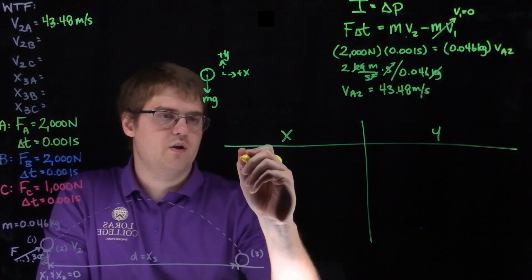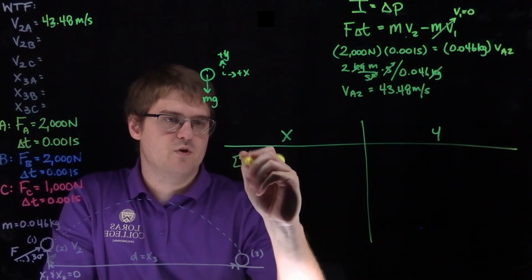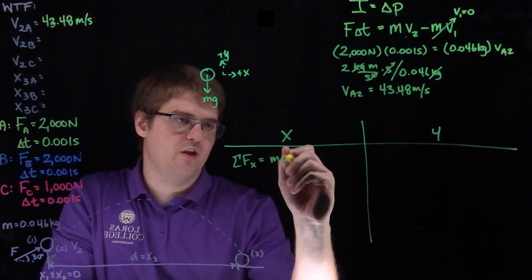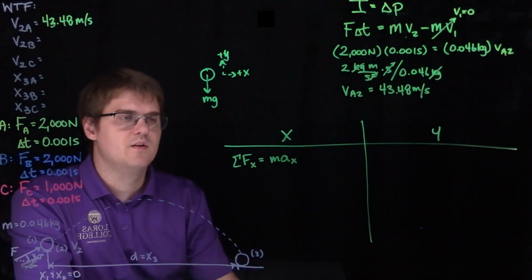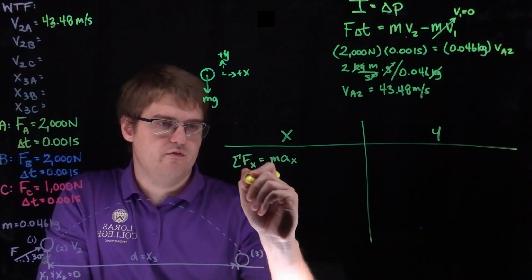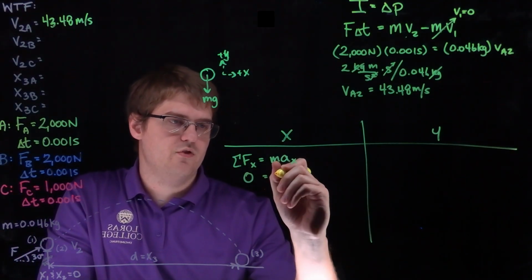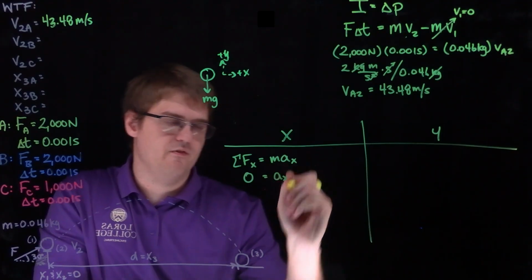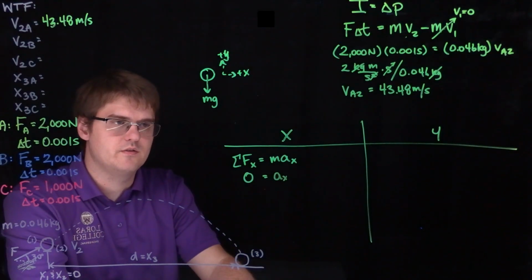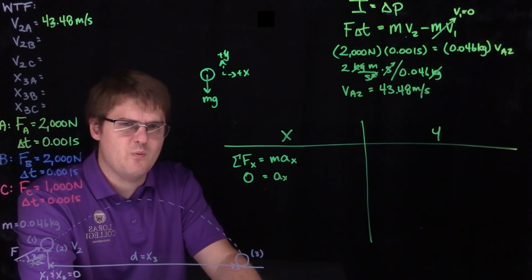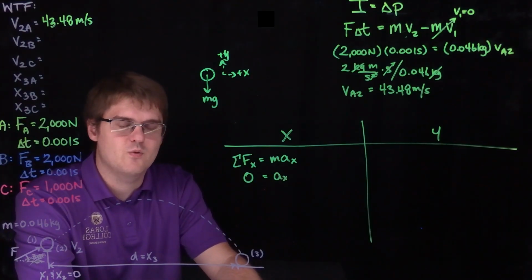And if I look at this, I can say the sum of my forces in the x is equal to mass times acceleration in the x. I have no forces in the x, which means that if I divide through by my mass, I have no acceleration in the x, which is one of our normal projectile motion pieces, unless we have that wind resistance that I sometimes add on the quiz questions.